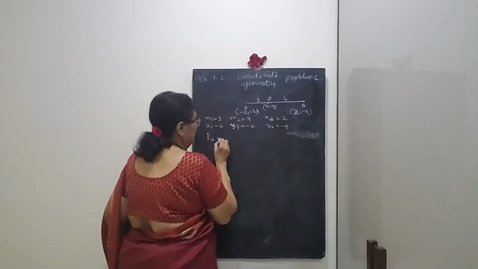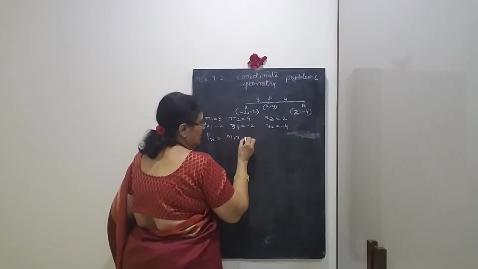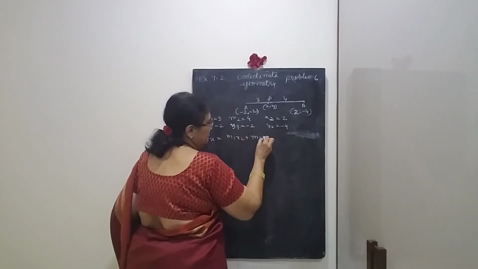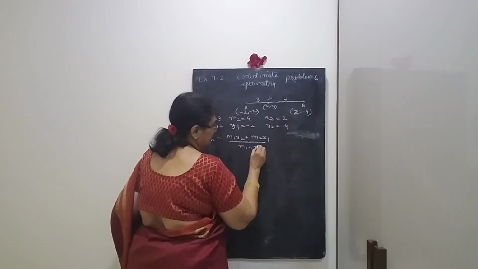Px is equal to (M1 X2 plus M2 X1) by (M1 plus M2).